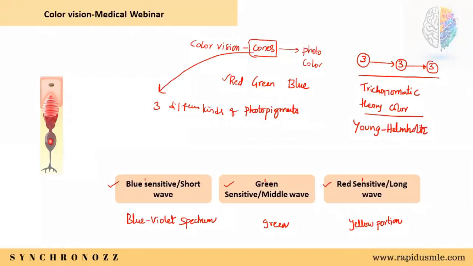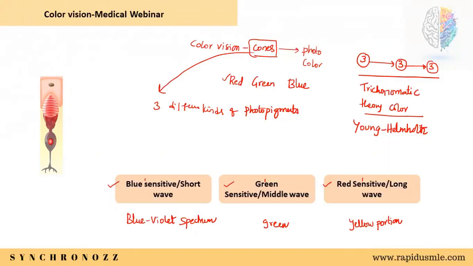So it is simple now. What is the Young-Helmholtz theory? It says there are three different kinds of cones with different kinds of photopigments, and these help in appreciating three different kinds of colors: blue, green, and red. There are three primary colors with different wavelengths.